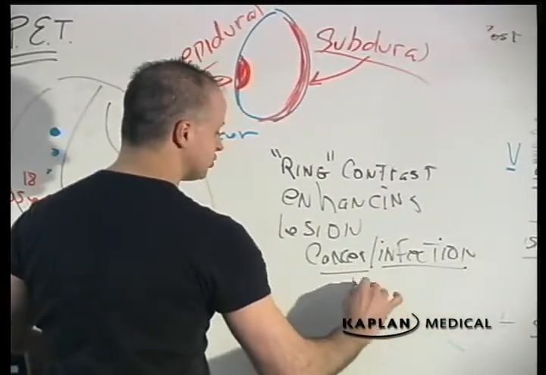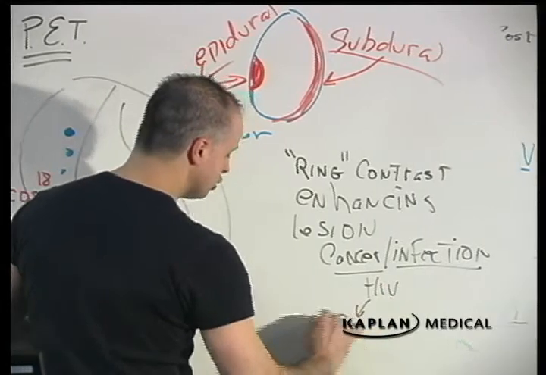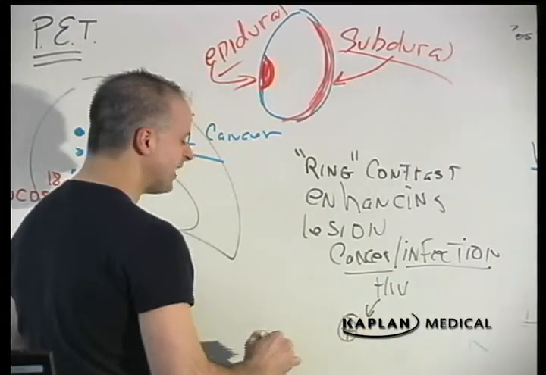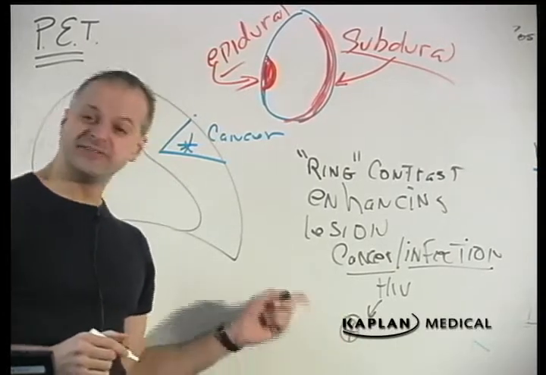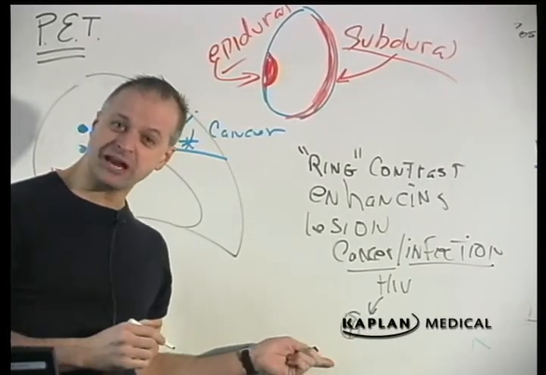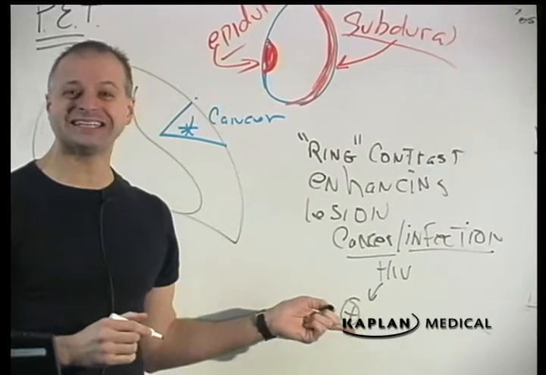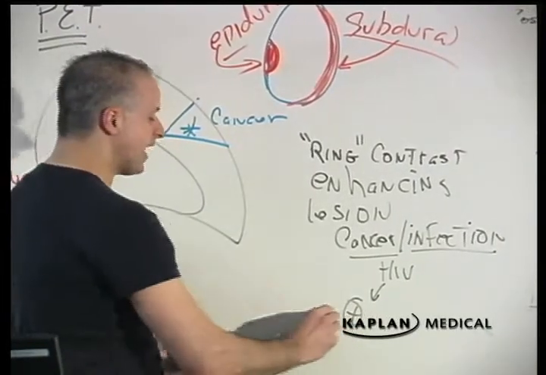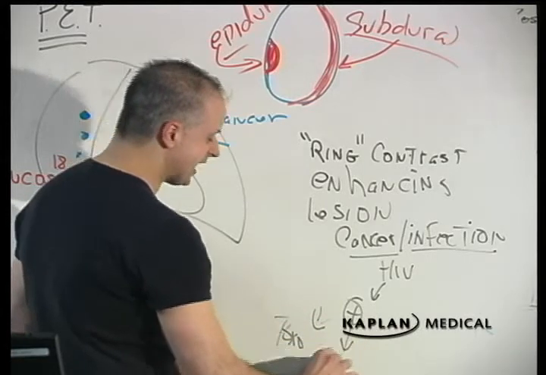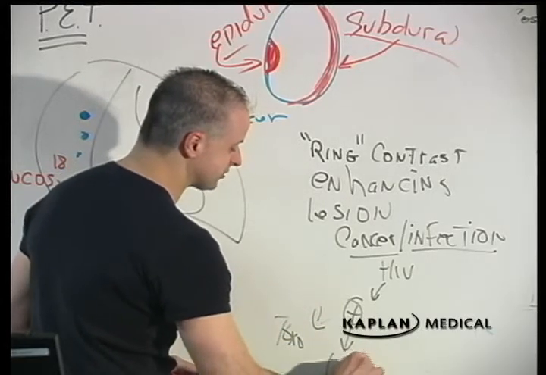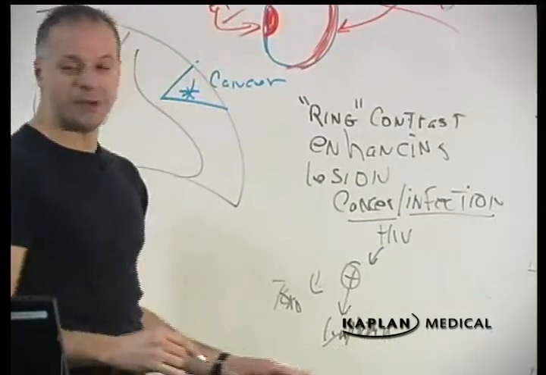Now, if this is a person who is HIV positive, you should just treat for 2 weeks with pyrimethamine and sulfadiazine and see if it gets better. If this is a person who's HIV positive and gets better with pyrimethamine and sulfadiazine, then you know that it's toxoplasmosis, because in HIV, 90% of the time, it's going to be either toxoplasmosis or lymphoma.